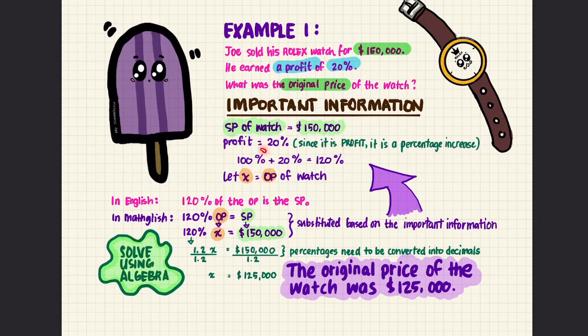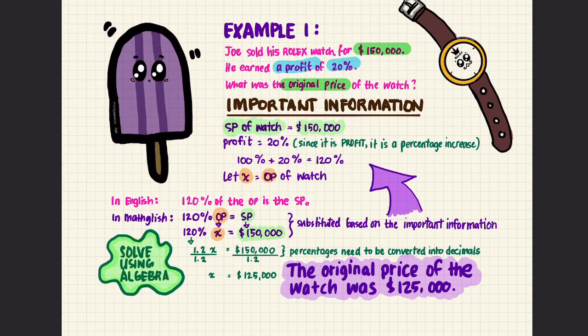Remember, the original price is 100%. The profit is an additional 20%, so the new percentage is 120%. We know the selling price and we know the percentage increase. What are we looking for? We are looking for the original price, and let's give that a variable x.